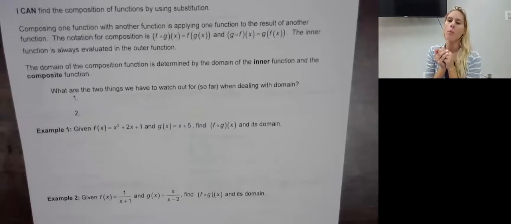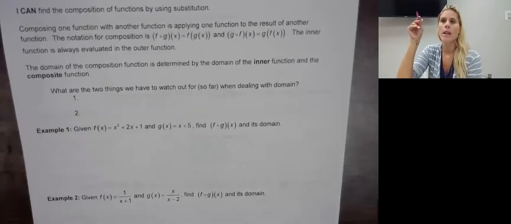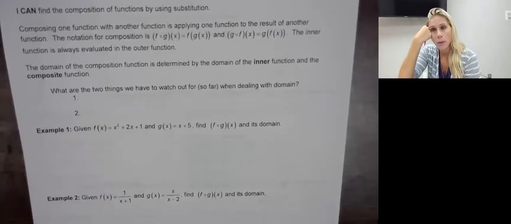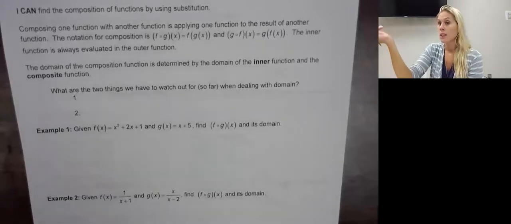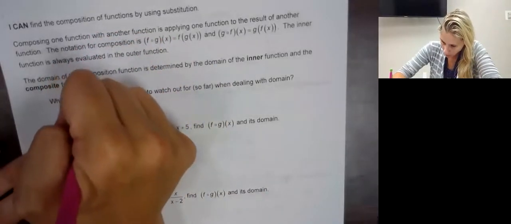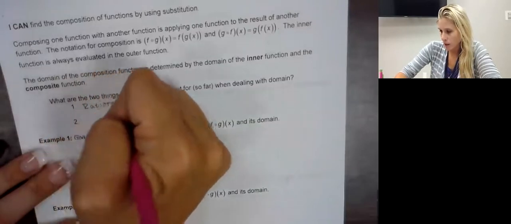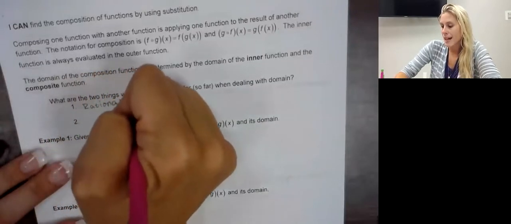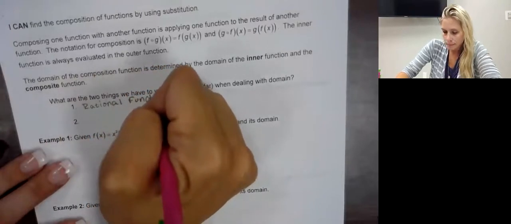When we're dealing with domain, we have two situations as of right now that we have issues with. We're going to go into more of domain in the next chapter, but there are a couple of domain restrictions that we've done already in the past. One of the domain restrictions we just got done with is that for rational functions, we can't have 0 in the denominator.